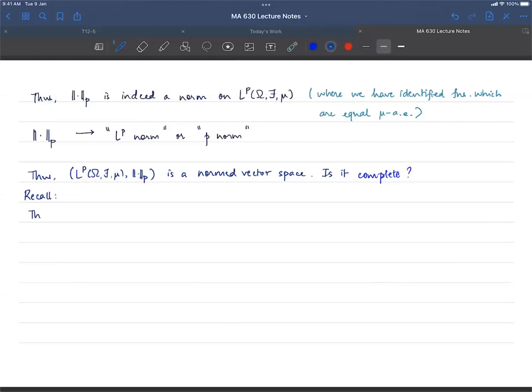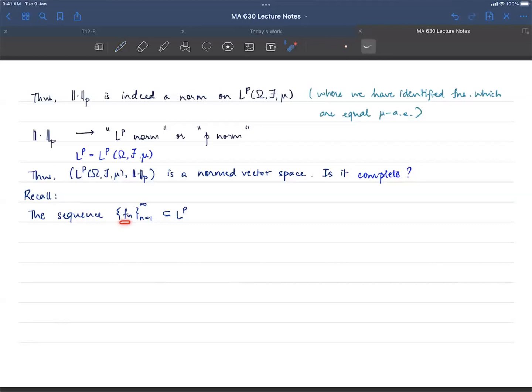So the sequence f_n, n going from 1 to infinity, taken from L^p. I'm just going to write L^p since there is only one measure space we're playing with. So instead of writing L^p(Ω, F, μ), I'll just write L^p.